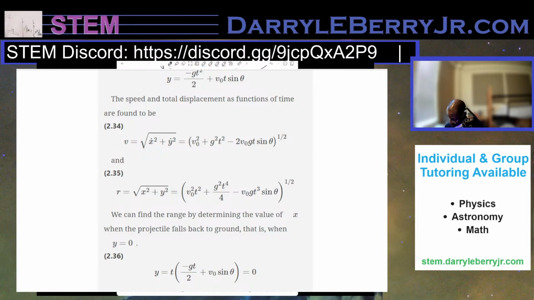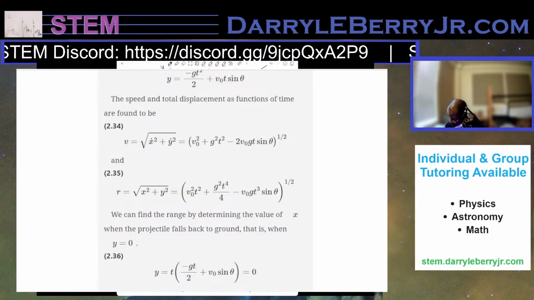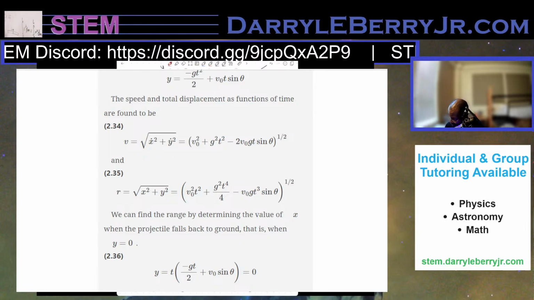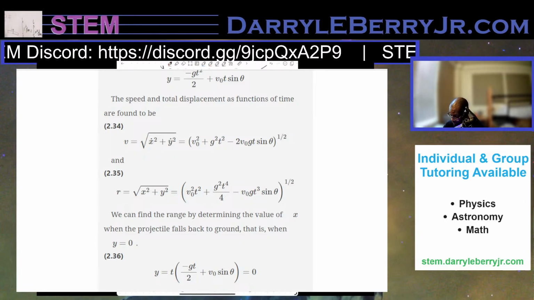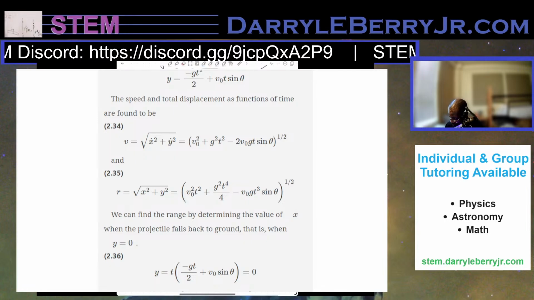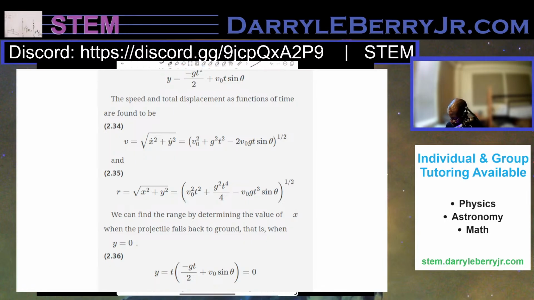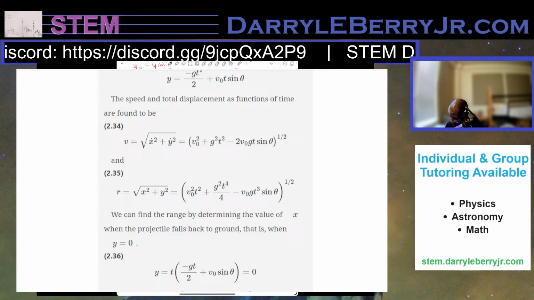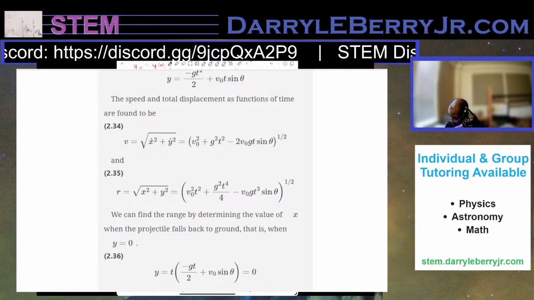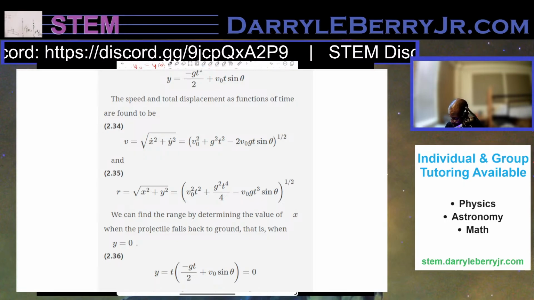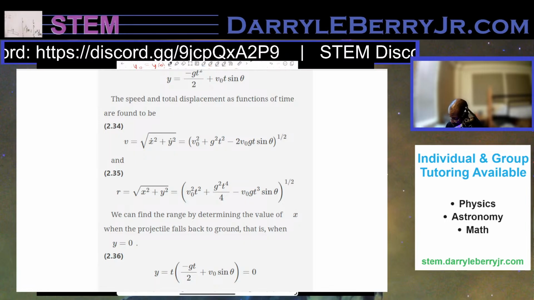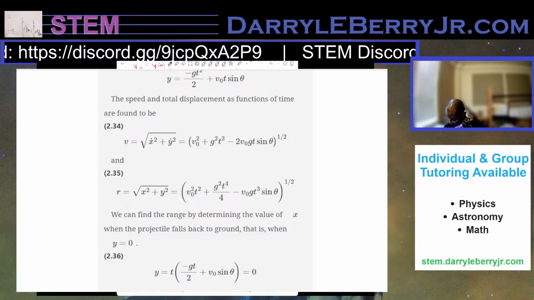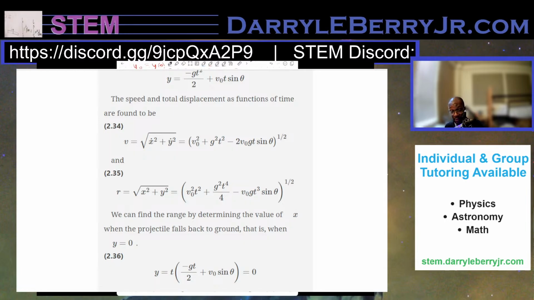If I combine these, because they both have V naught squared, sine squared plus cosine squared, we have V naught squared plus g squared t squared plus 2gt V naught sine theta.